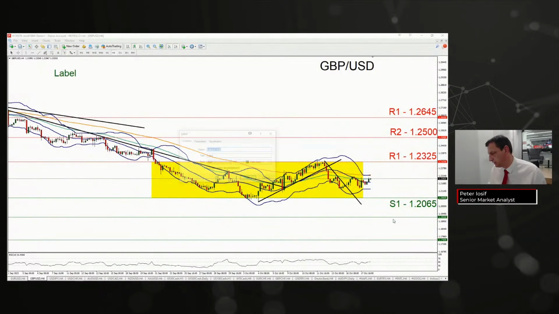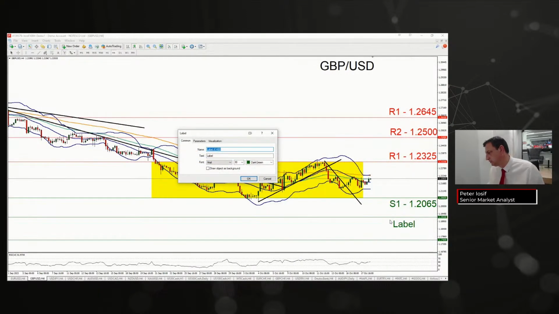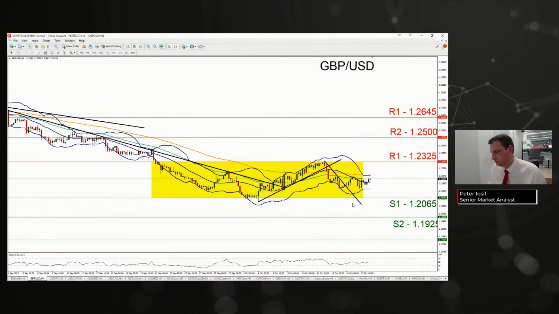Second support line at 1.1925. And the S3 at 1.1760.